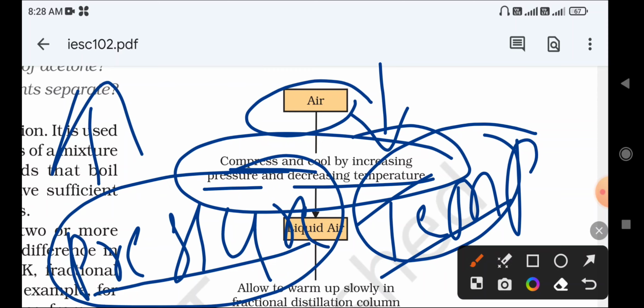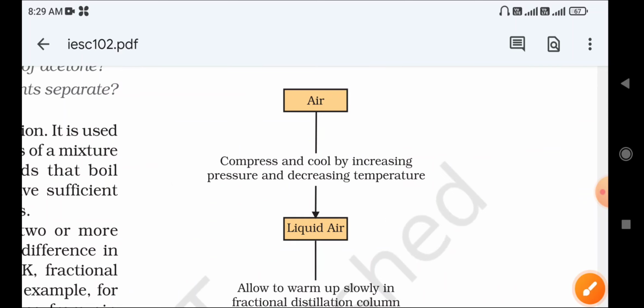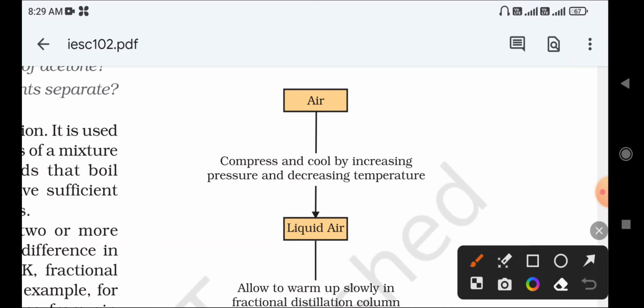Remember that gases are converted into liquefied air by increasing the pressure and decreasing the temperature.